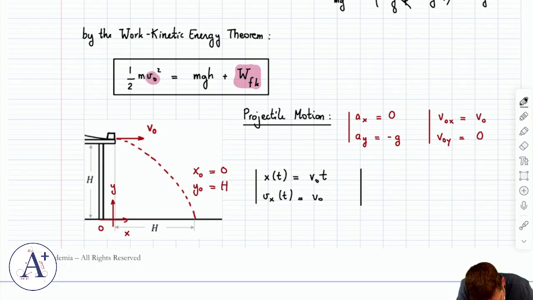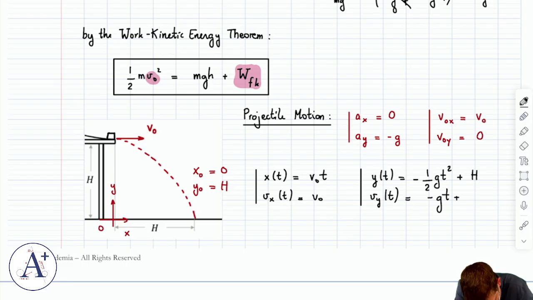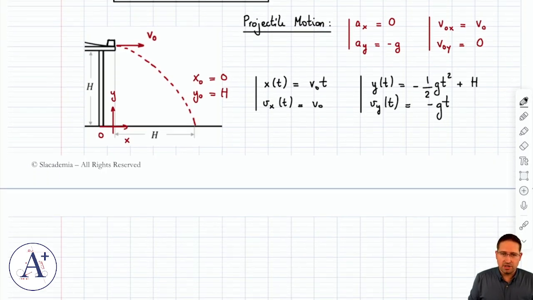And then y of t is going to be minus 1/2 g t squared, v naught y is 0, and plus y naught, which is H. And so then vy of t is equal to minus gt, and that's it. Okay, so I have my kinematic equations that describe the motion of this projectile as it flies through the air.